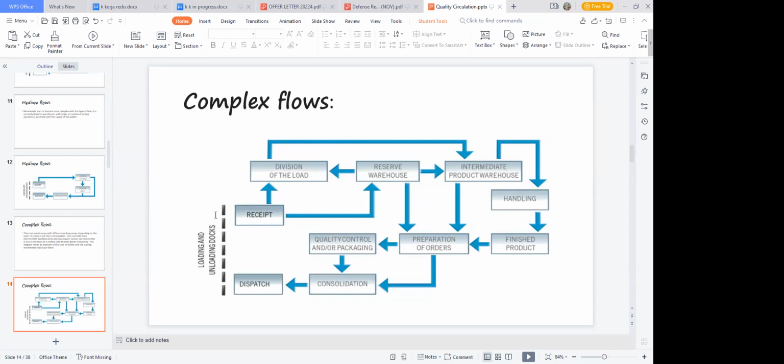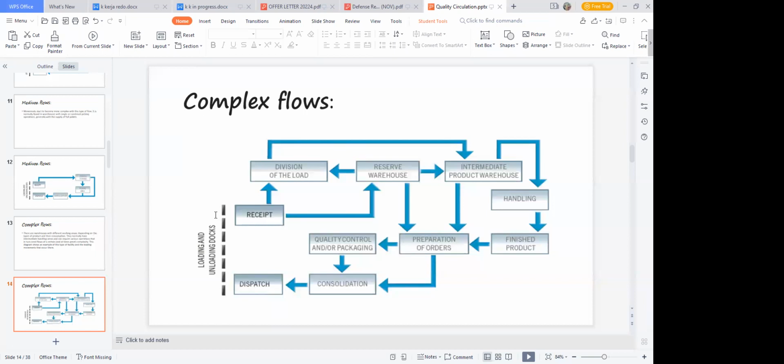Let's say we separate from division A, division B, then go to the reserve warehouse. Sometimes there's a finished product, for example, that goes directly to the warehouse for reserve. Sometimes we have a bottleneck here and there. That means the movement is blocked, maybe for inspection, or awaiting customs release, for example.